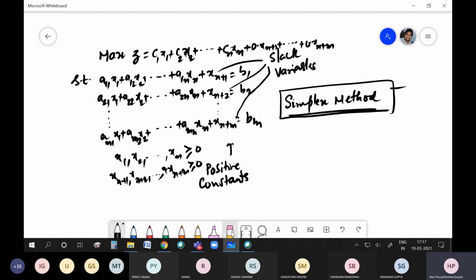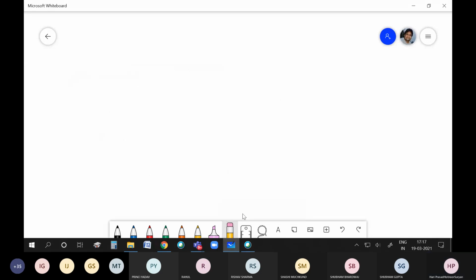The problem which we were solving is this.